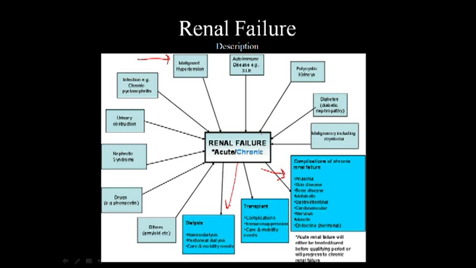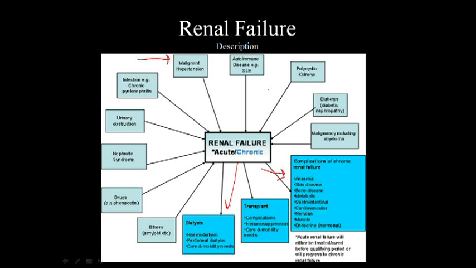And so we see that renal failure that is acute can be caused by such things as drugs, a nephrotic syndrome, urinary obstruction, infections such as chronic pyelonephritis, malignant hypertension, autoimmune disease, polycystic kidneys, diabetes, and even malignancy.